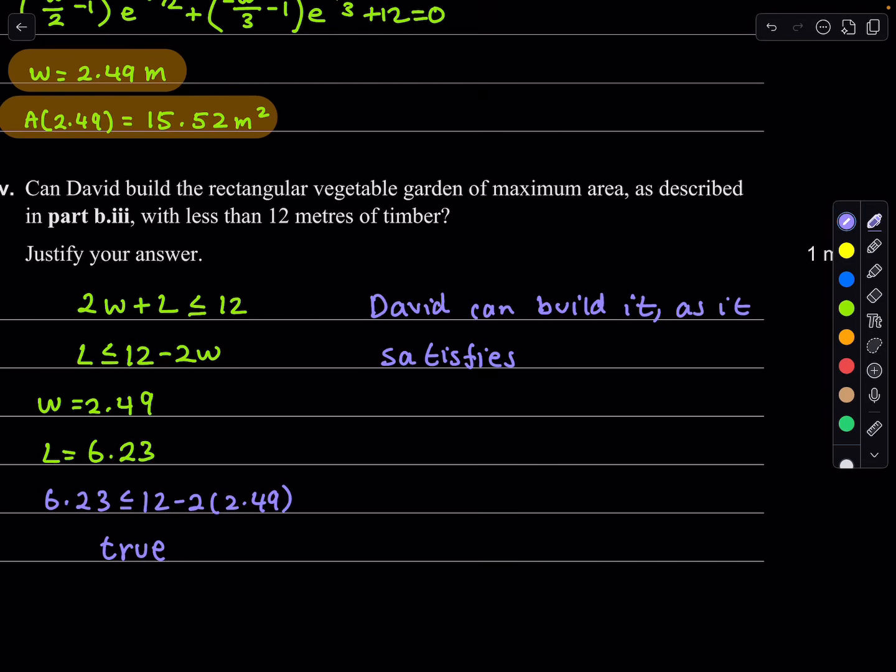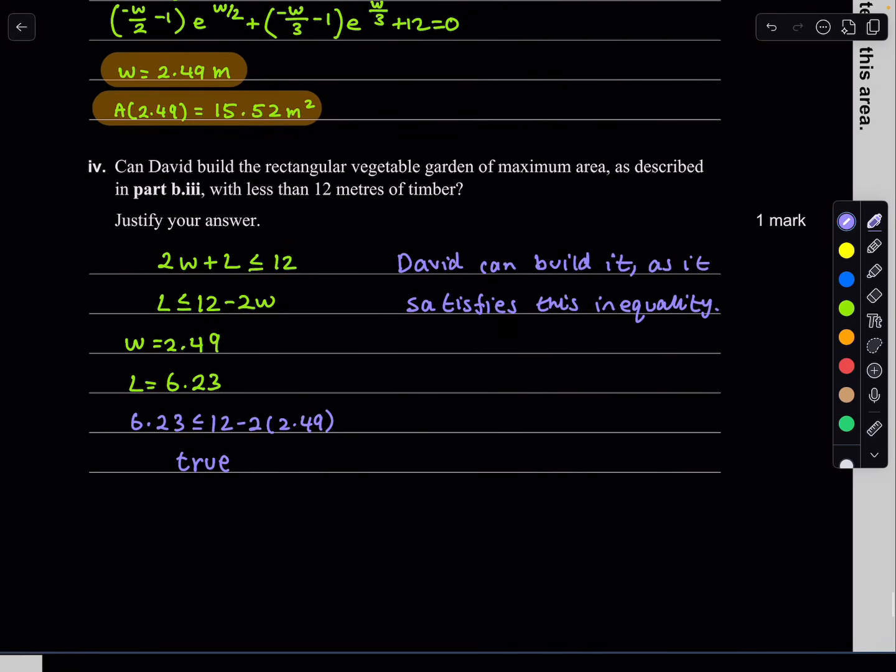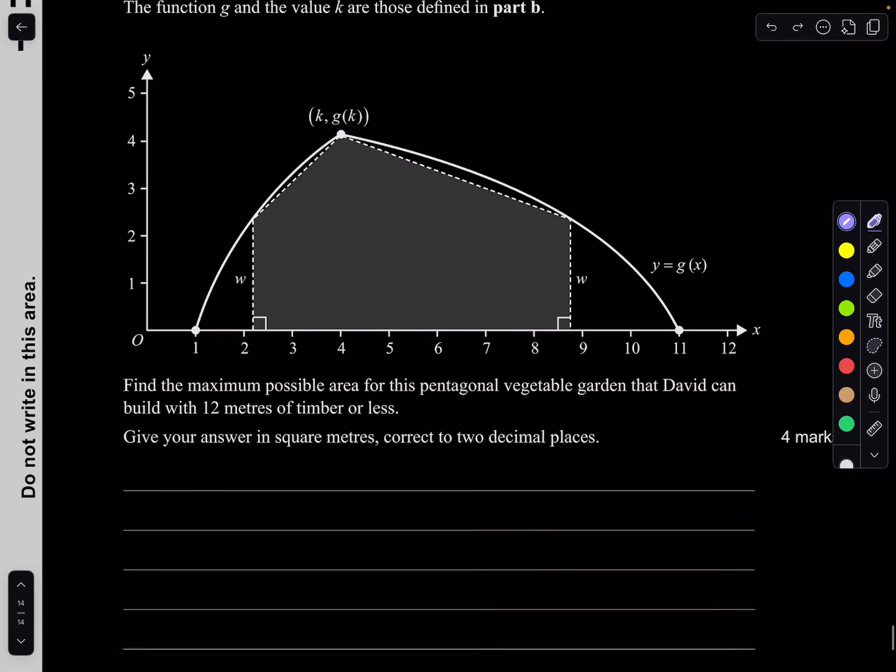I don't even know if I spelled it right, but yeah, this inequality. And that's how I would show that. Beautiful, 1 mark. I think you just have to write that, but using that helps you a lot.